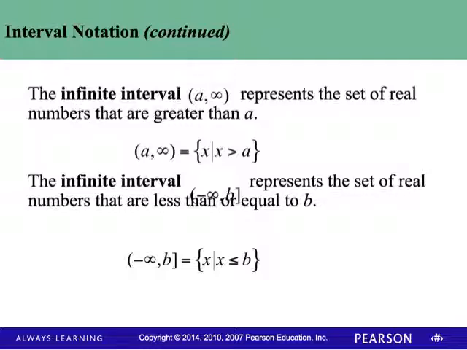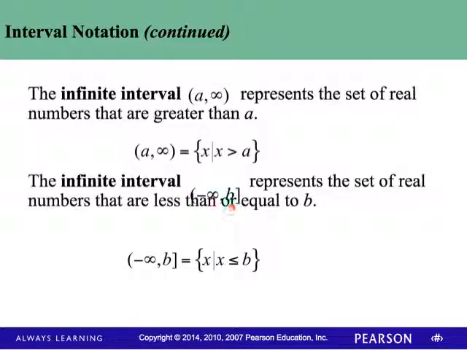And we have infinite intervals. The infinite interval from a to infinity is all x values that are strictly greater than a. Or we can have an infinite interval where it's half closed. Remember, around the infinity, on the positive or negative side, it's always open. You can't include infinity.